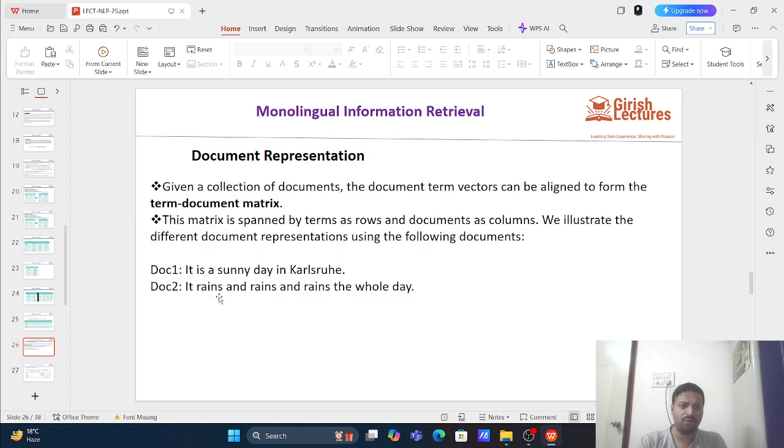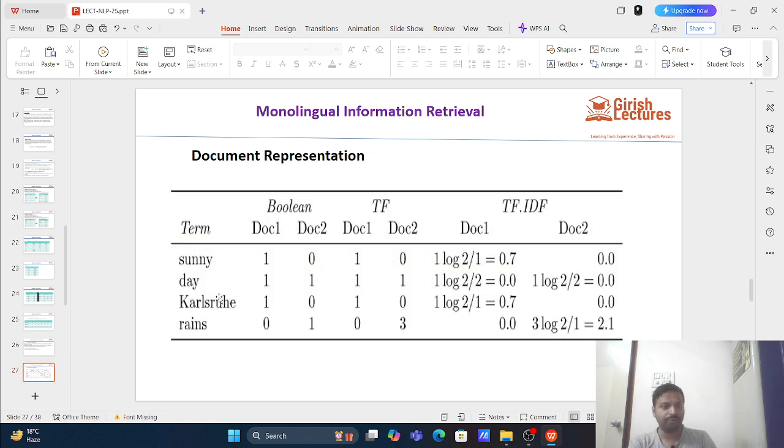Here we have removed all the stop words, like 'it is'. We have only considered the very important words: sunny, day, Karlsruhe and rain. From these 4 things we can identify the values. There is also an occurrence of more than one, that means rains has the highest value when you compare with your entire document.